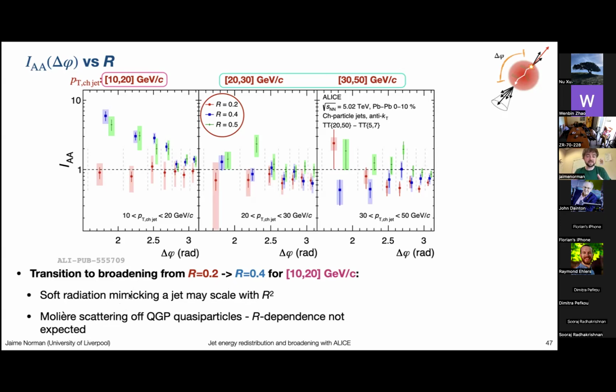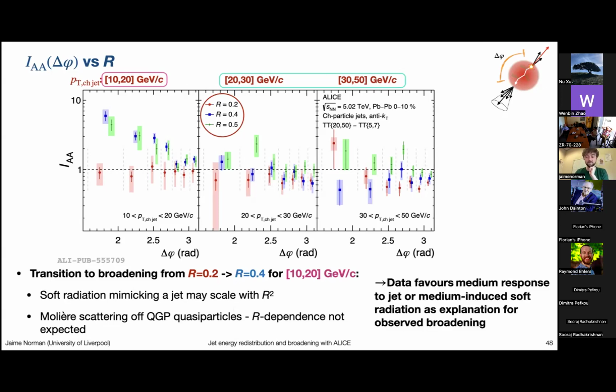This indicates that it could be an effect of the response of the medium, or soft radiation due to the jet propagation through the QGP. When we look at Molière scattering, so this large angle scattering, this radius dependence wouldn't be expected. If we have a point-like scattering, we'd expect to measure the jet whether we use a cone size of 0.2 or 0.5. So really just looking at the data favors the medium response.